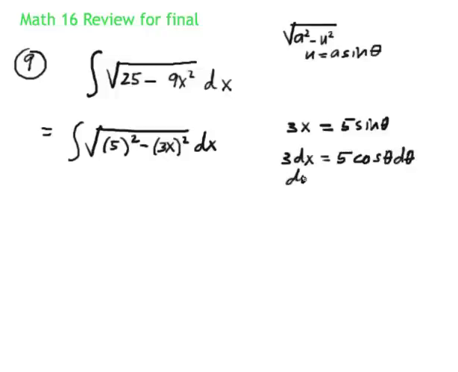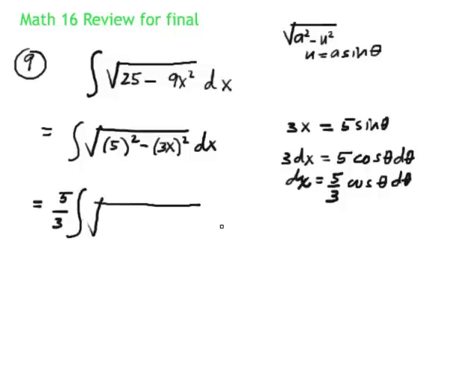So for dx, we'll have 5/3 cos theta d theta. Okay, now we're ready to substitute. For dx, we're putting 5/3, I'll put that on the outside, cos theta d theta.